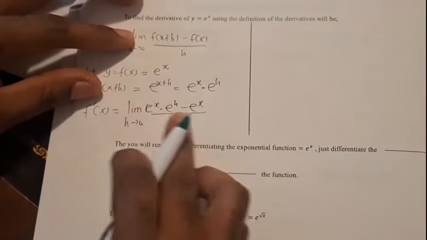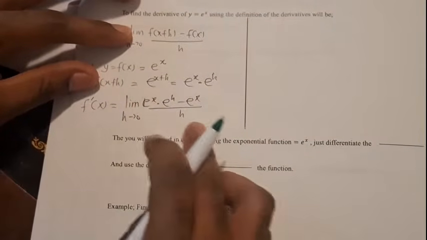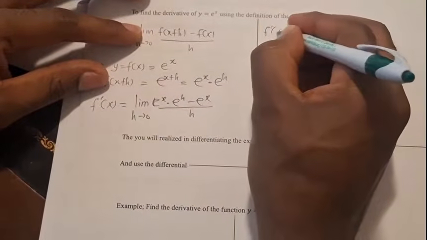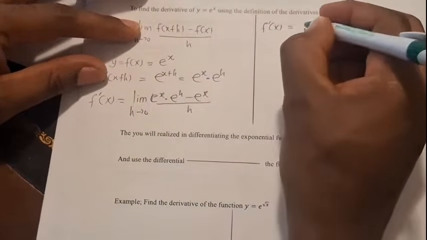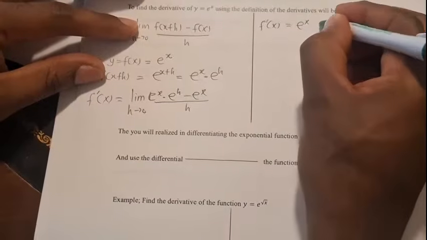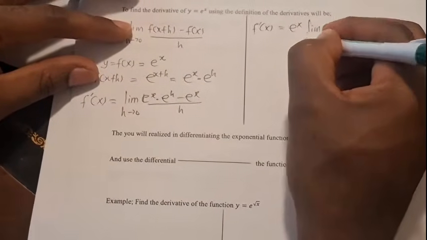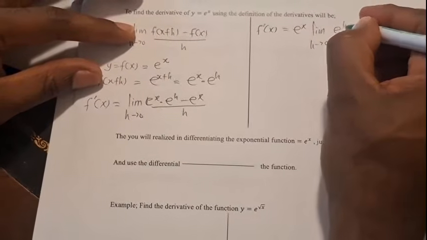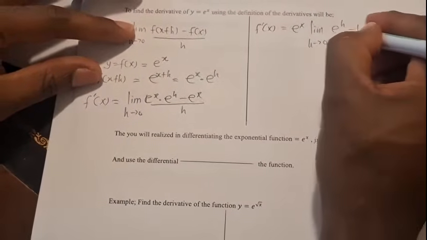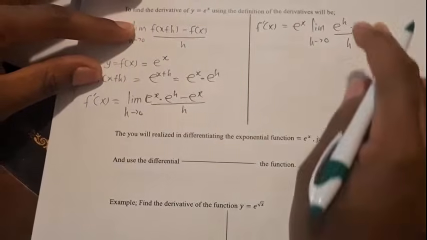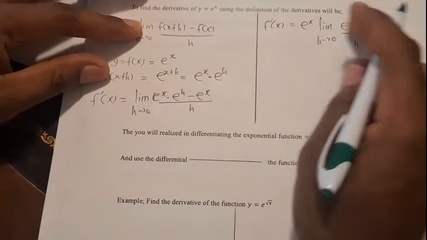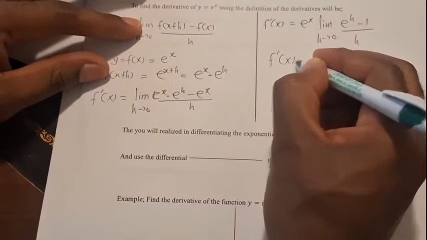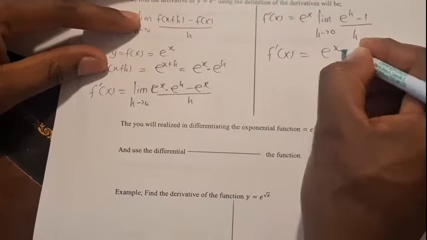So you can see e exponent x is common to both terms. So our f prime of x, we can factor that out. We have e exponent x, the limit as h approaches 0 of e exponent h minus 1 all over h. And remember, we said this is what? 1 from the definition. Then our f prime of x is equal to e exponent x.